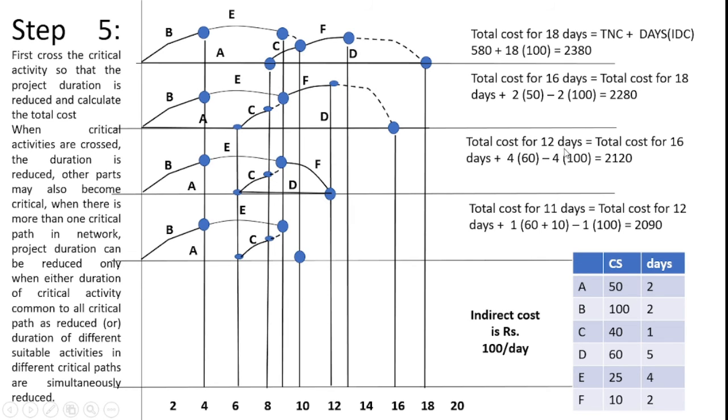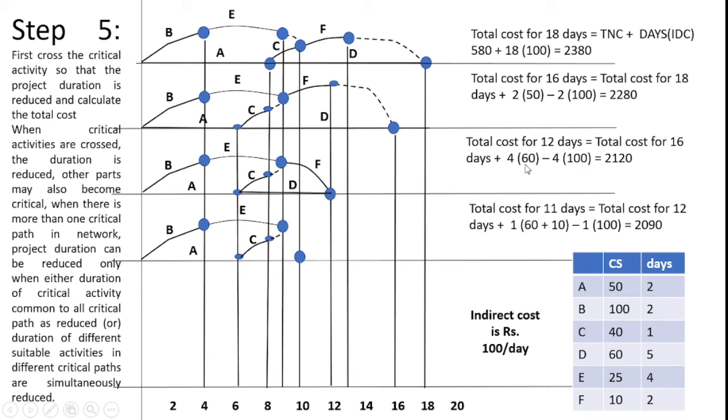For the reason, total cost for 12 days is total cost for 16 days plus 4 days I reduced, so 4 into which activity I reduced, D activity, so I can choose the crash cost of 60 multiplied with the reduced days, 4 into 60, minus the indirect cost for the corresponding days, 100, multiplied with the reduced number of days, 4 into 100.